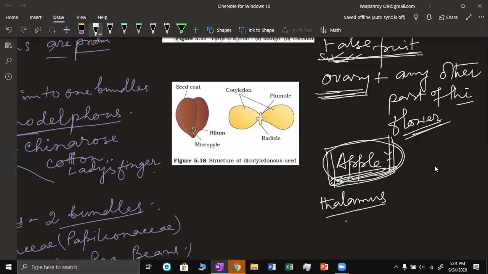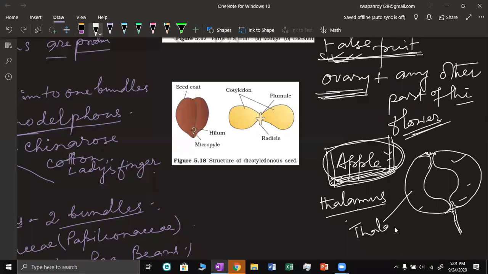When you cut an apple, you will find this type of lining. This is the stalk, and this portion that we are eating is the thalamus. In the middle portion you will find the seeds.